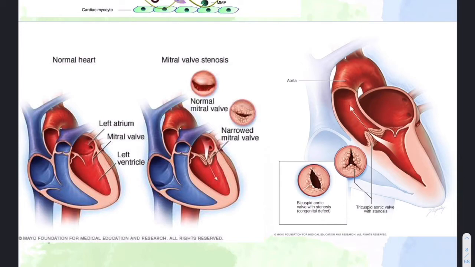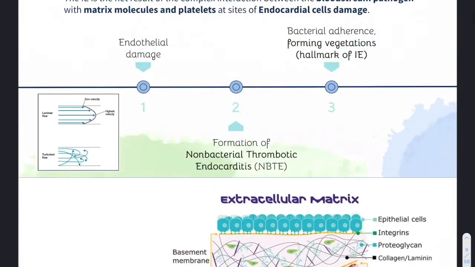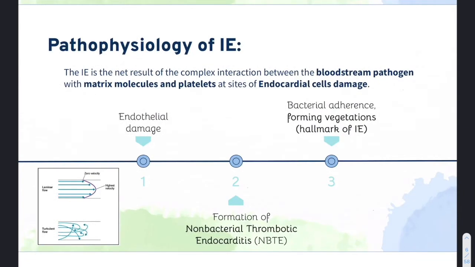Exposed subendothelial layer will attract platelets and it will form a non-bacterial thrombotic endocarditis. The forming of a non-bacterial thrombotic endocarditis is because of deposition of platelets and fibrin.